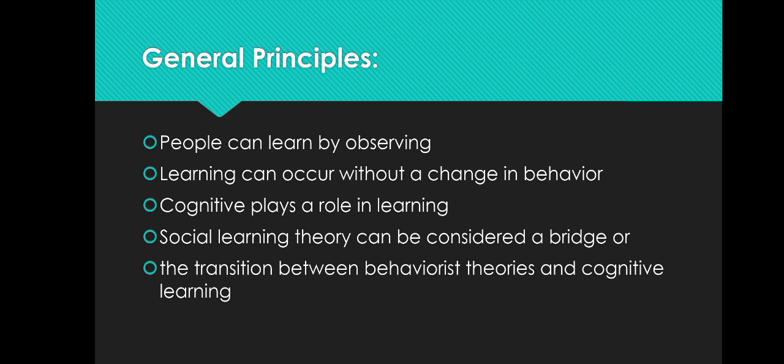Without cognition, nothing will be learned in the affective as well as psychomotor domains. Last, social learning theory can be considered a bridge or a transition between behaviorist theory and cognitive learning theories, because in his theory, Bandura said that there will be no behavioral change unless there is a cognitive input.